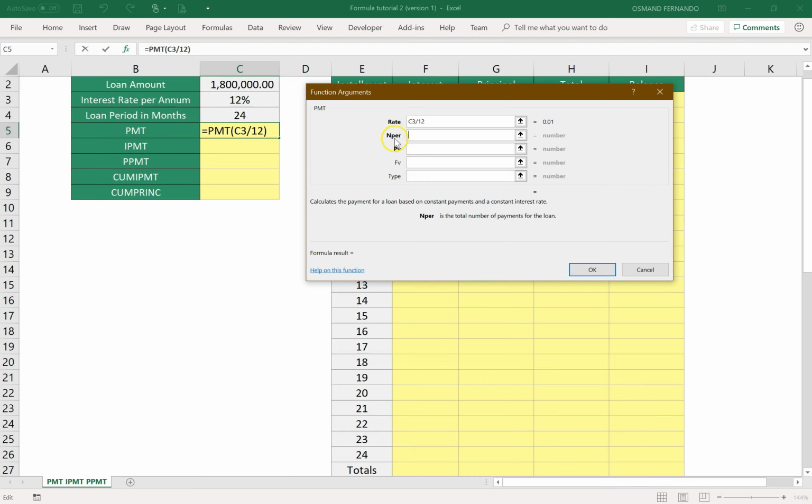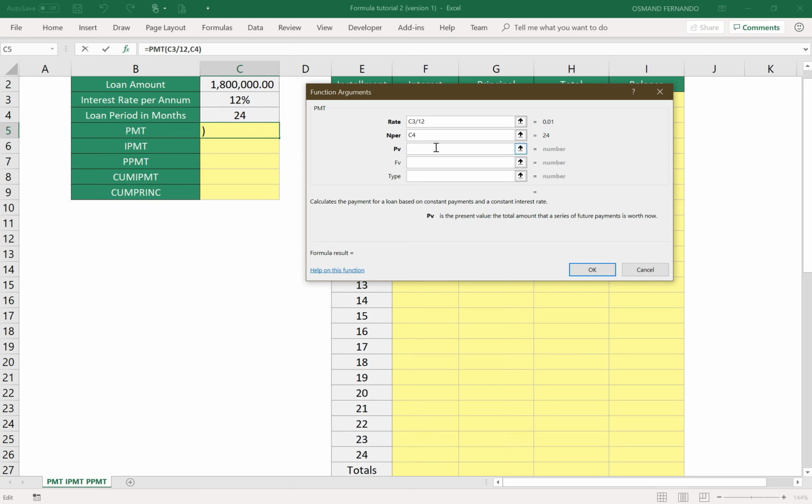Number of periods. NPER is the total number of payments for the loan, that means how many payments you have to make, the number of months. So the total number of periods here is 24. If you have the number of years here, then you have to multiply by 12 because we have to provide the number of months. You can see it's 24.